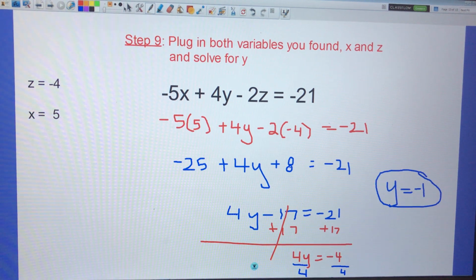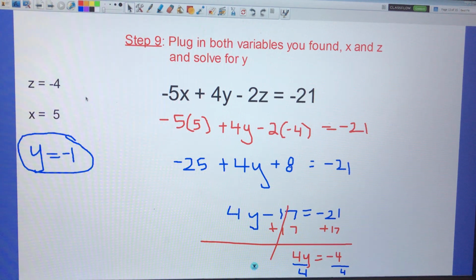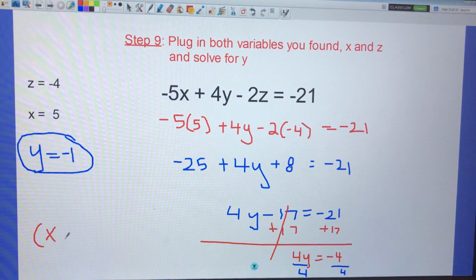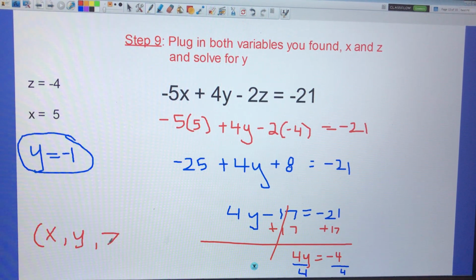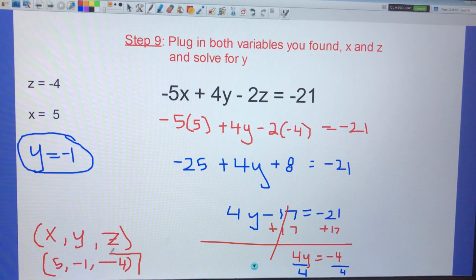We got 3 answers, and to write our final coordinate, we have to write it in 3 letters. Remember, the order in the alphabet is W, X, Y, and Z. So your answer is going to be 5, comma, negative 1, comma, negative 4. This is your final answer.